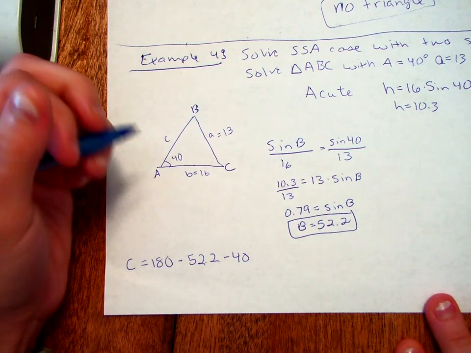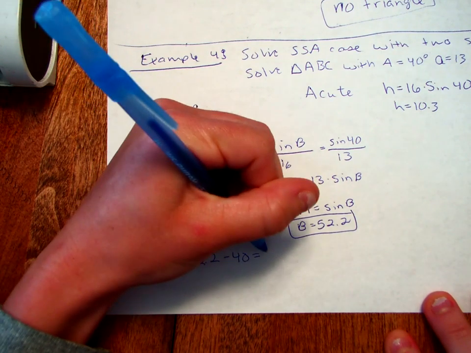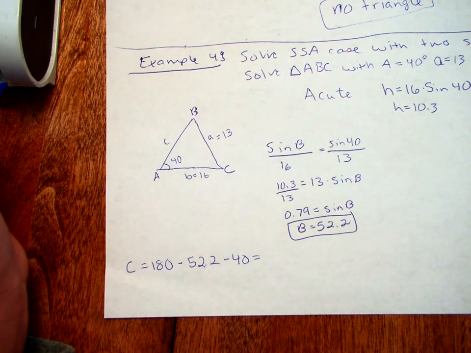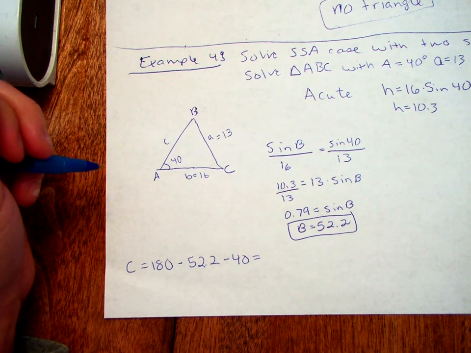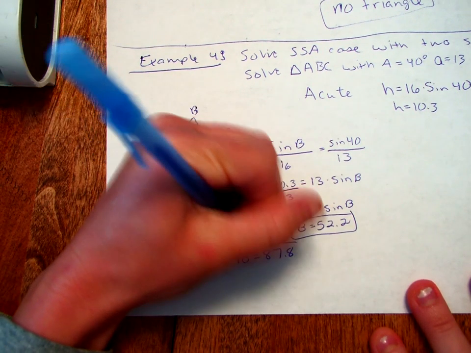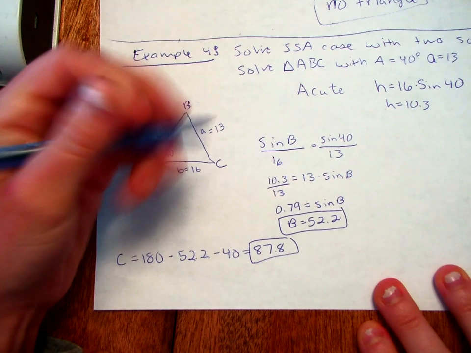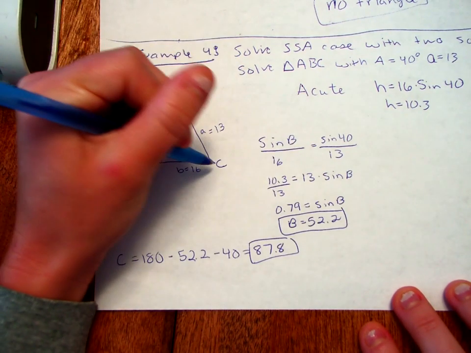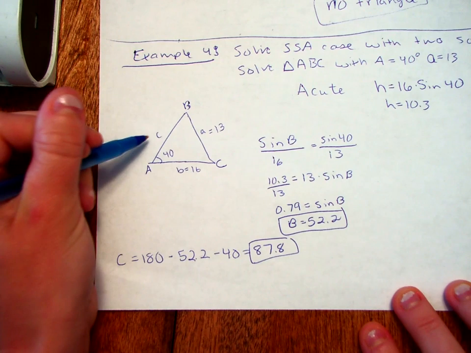No, sorry, 180 minus 52.2 minus 40 is 87.8. So then we need to find side C, now that we have the degrees of C.